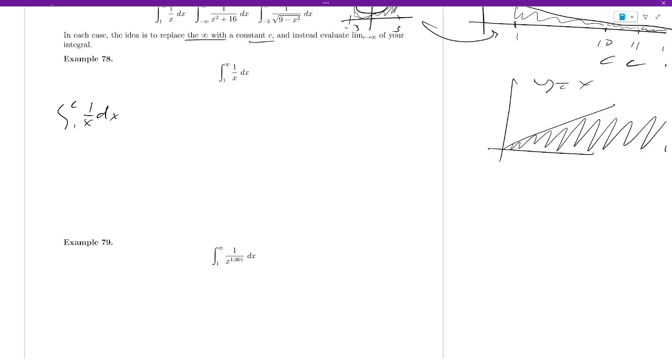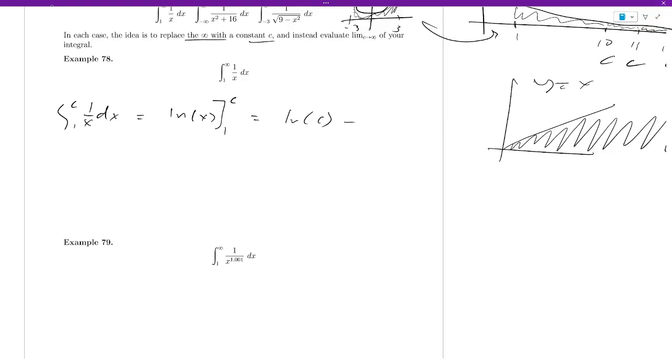Even though I haven't committed on what C is, I can still do this integral, right? Forget about the bounds for a second. I can do the antiderivative. It's log x, and then I'm supposed to plug in the bounds, C and then 1. What's log of C? I don't know yet because I don't know what C is, so that's fine.